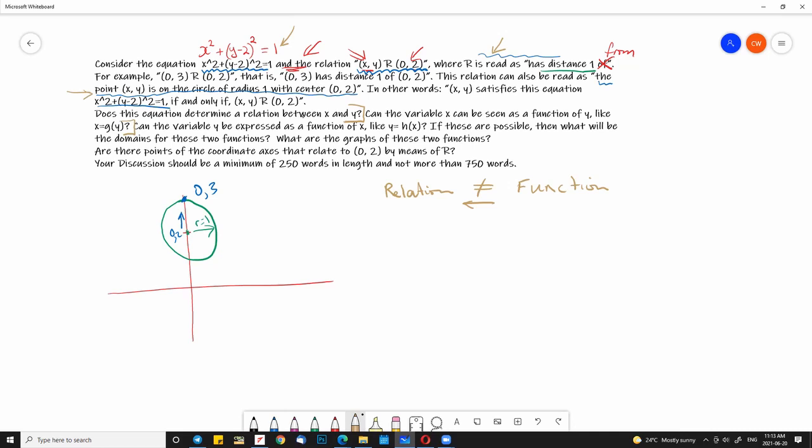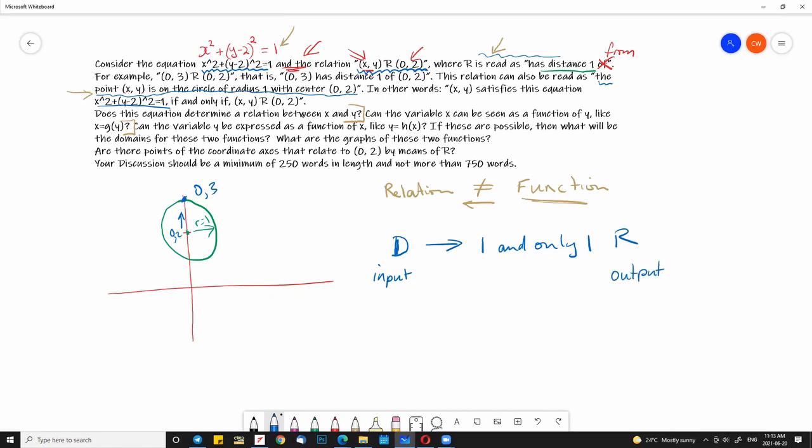Okay, what's a function? A function is a relation where the domain gives one and only one range. Each input, which is just a fancy word for input, gives one and only one output.